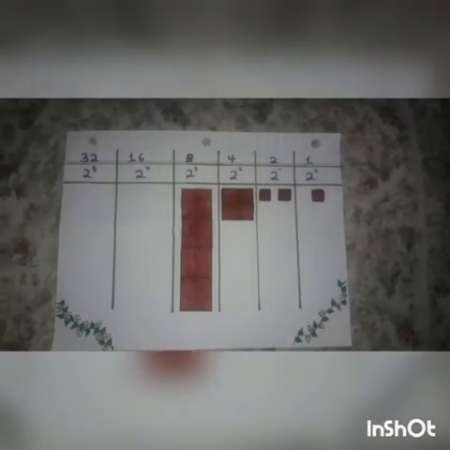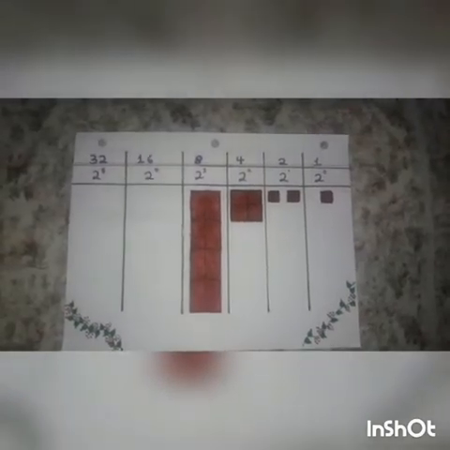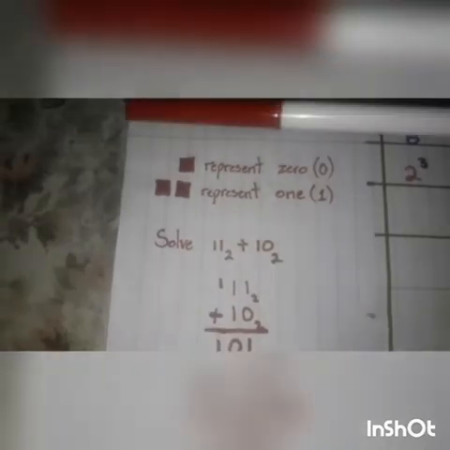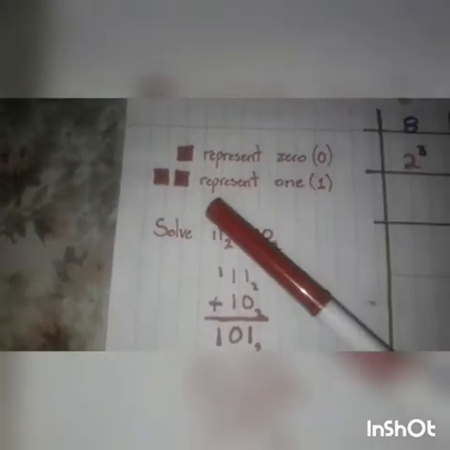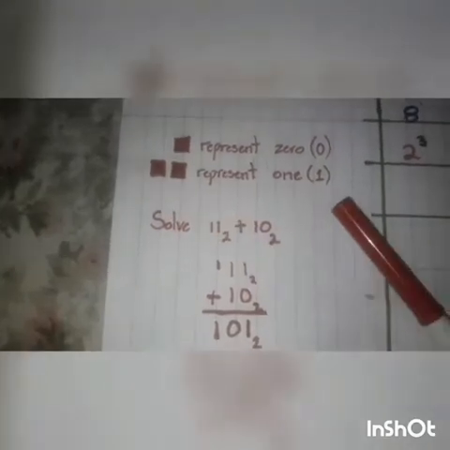So we'll also be using squares to add and subtract base 2 numbers. Now we will be adding binary numbers. We're going to add the numbers and put them on the place value chart using squares to represent them. Here we have 1 square equals 0 and 2 squares represents the number 1.